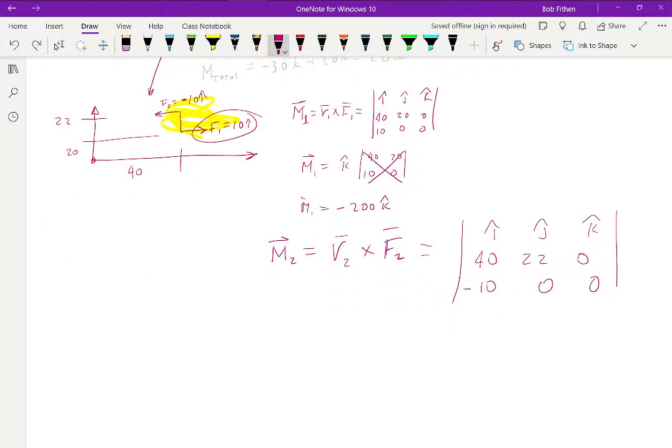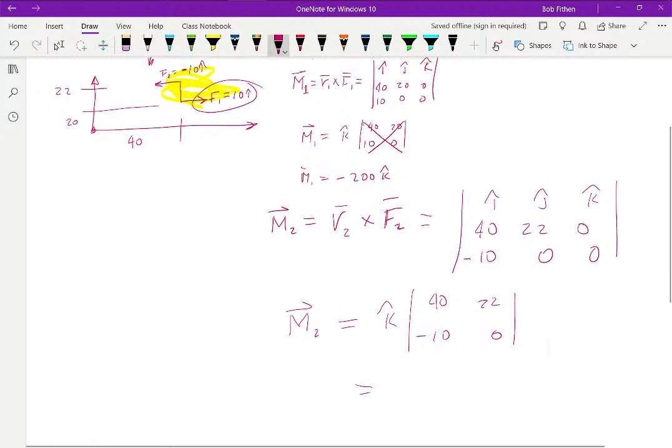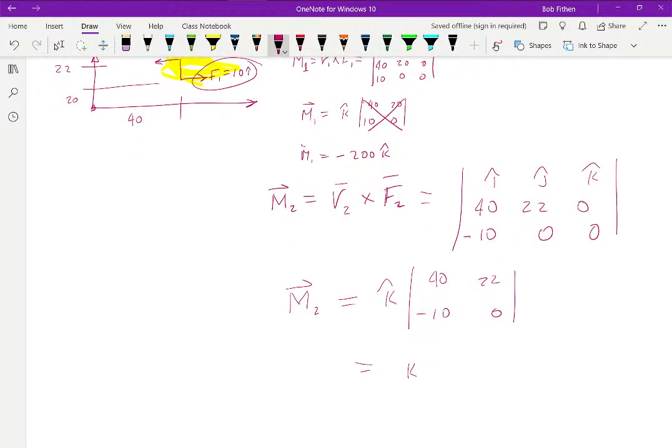Now, if I carry this out, that moment 2 is equal to, only a k component exists, so it's 40, 22, minus 10, and 0. That gives me a k times, that's 0, this is a minus, or 220.